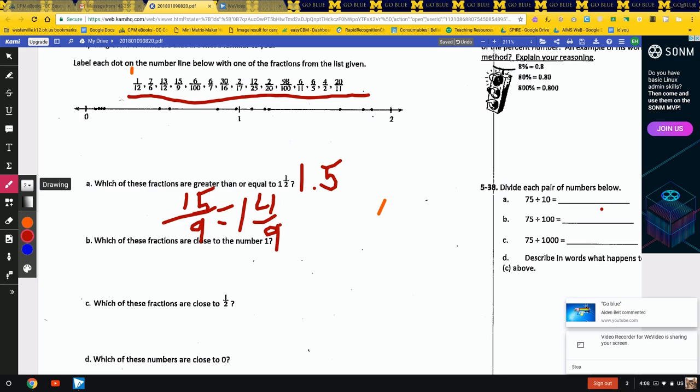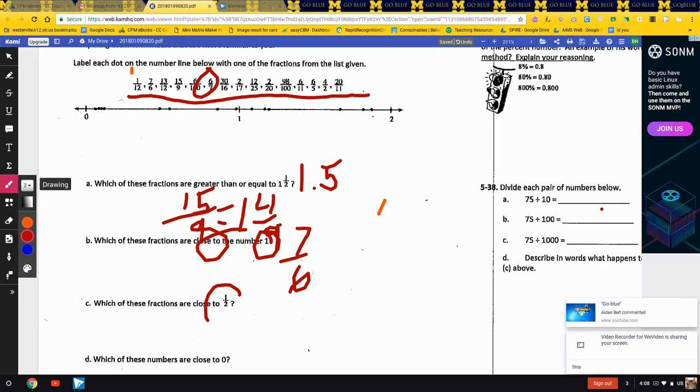Again, which ones are closer to 1? And I mean close. If you look at the top, the numerator and the denominator, the closer they are, the closer they're going to be to 1, unless the numerator is greater than the denominator. Same case here, 7/6 is close to 1. I believe it's like 1.16 if you convert it to a decimal.